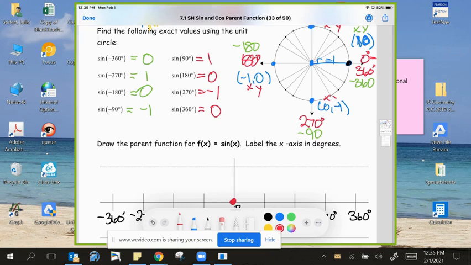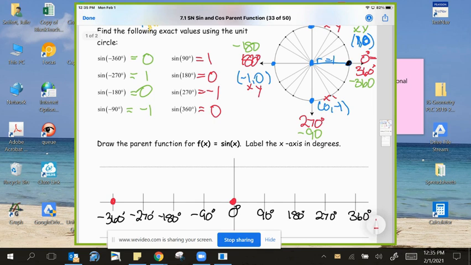At negative 360 degrees, sine is 0. At negative 270 degrees, sine is 1. At negative 180 degrees, sine is 0. At negative 90 degrees, sine is negative 1.